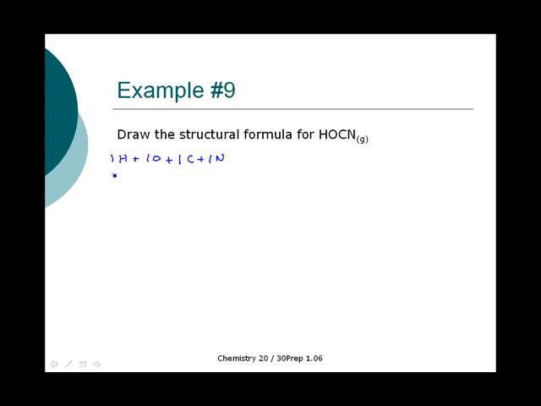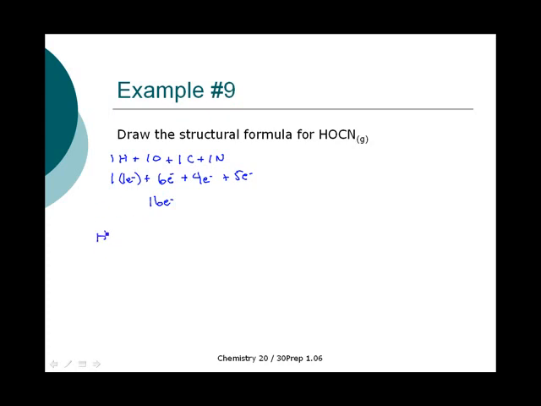We have 1 from the hydrogen, plus 6 from oxygen, plus 4 from carbon, plus 5 from nitrogen. We only have 1 of each, and so we should get a total of 16 electrons.